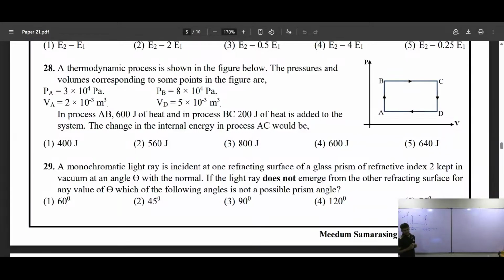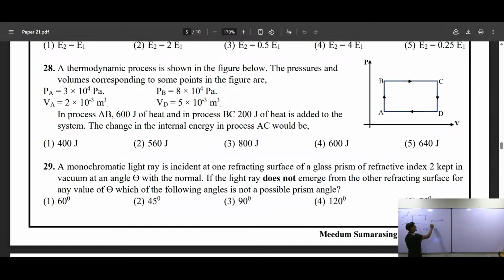In the process AB, 600 joule of heat, and in BC, 200 joule of heat is added to the system. Heat added in the process AB is 600 joules. Heat added means heat input, so that is positive.